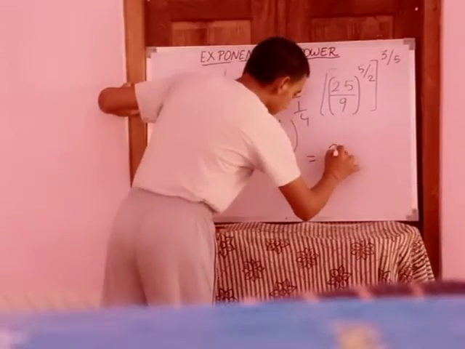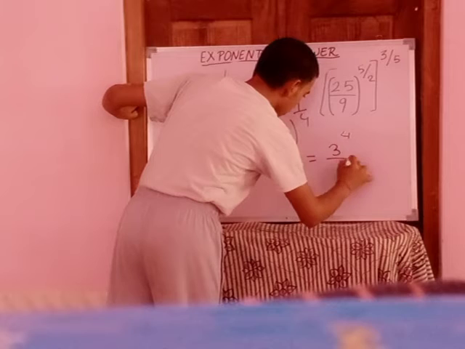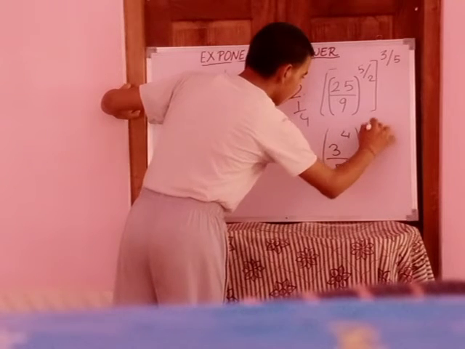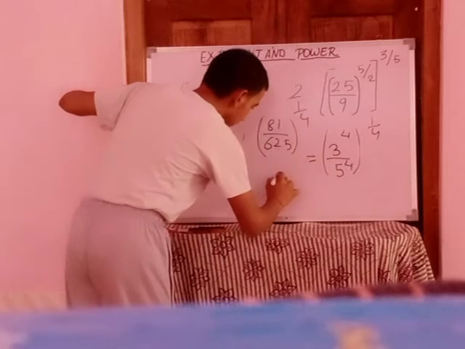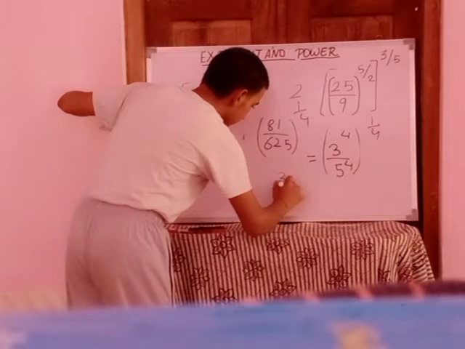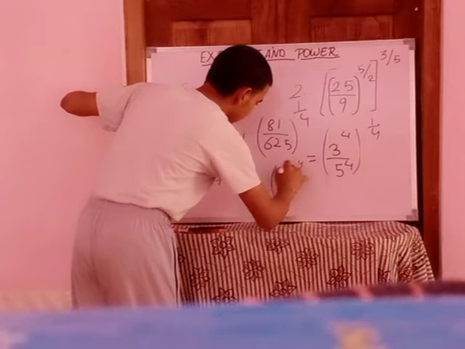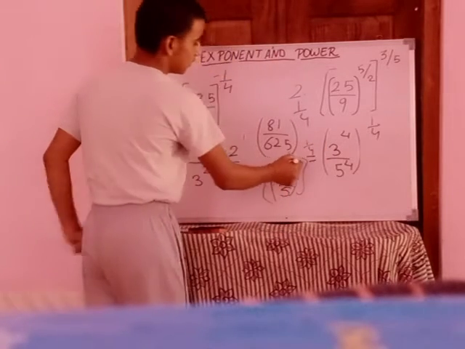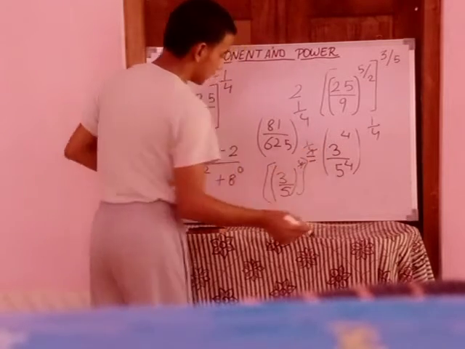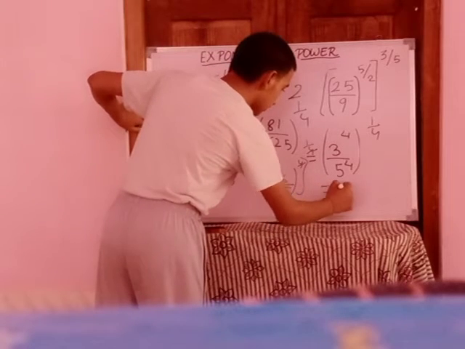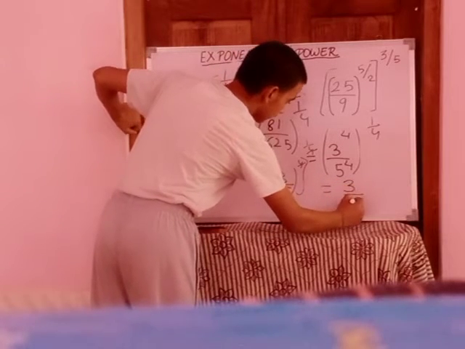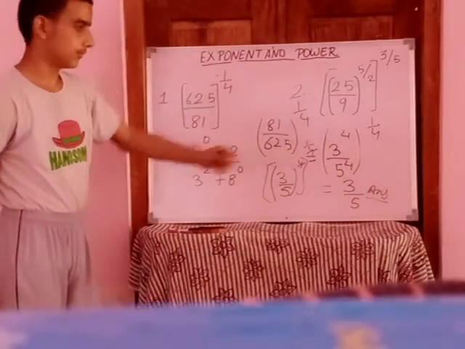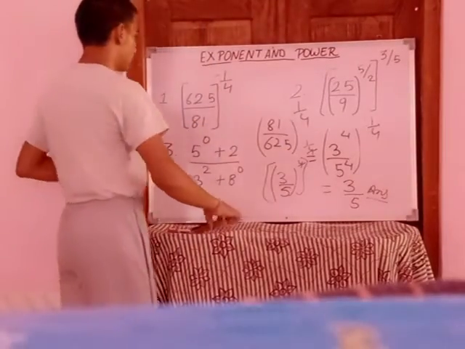So we can write it as (3 raised to the power 4 upon 5 raised to the power 4) whole raised to the power 1 by 4. So (3 by 5) raised to the power 4, whole raised to the power 1 by 4. This 4 and this 4 cancel out and our answer is 3 by 5. So this was the first question. Now let's move to the second question.